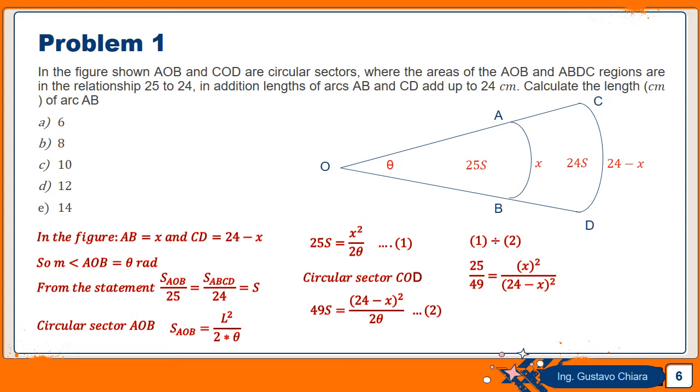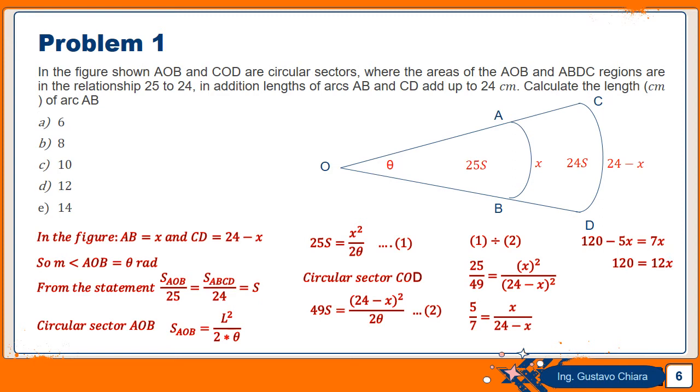Well, dividing, we get 25 divided by 49 is equal to x squared divided by 24 minus x squared. So reducing the expression, we get that 5 divided by 7 is equal to x divided by 24 minus x. And well, reducing the expression, we get that 120 minus 5x is equal to 7x.